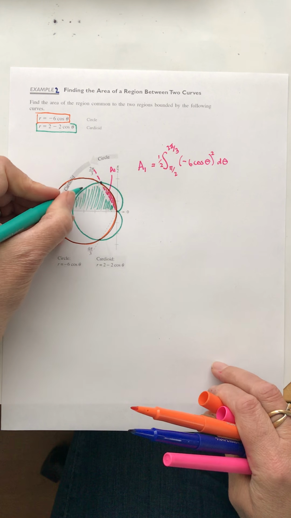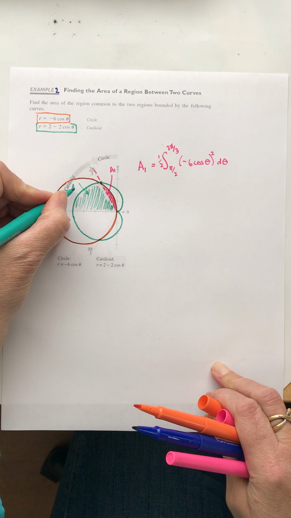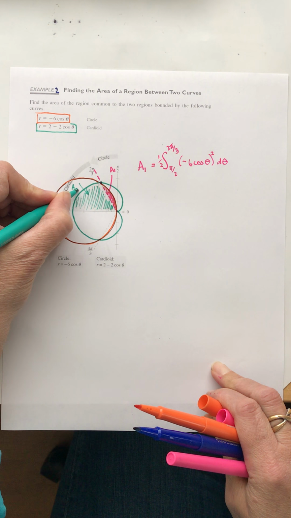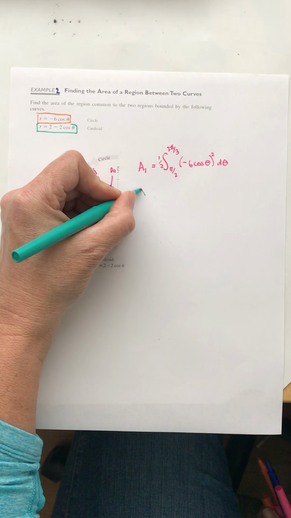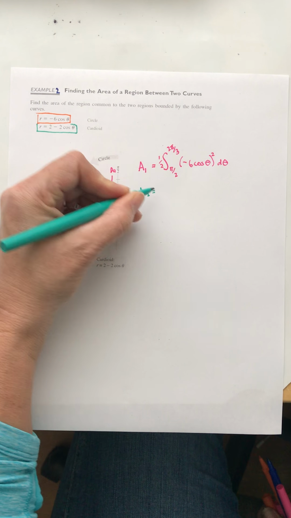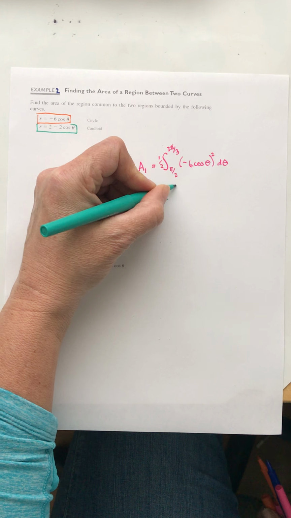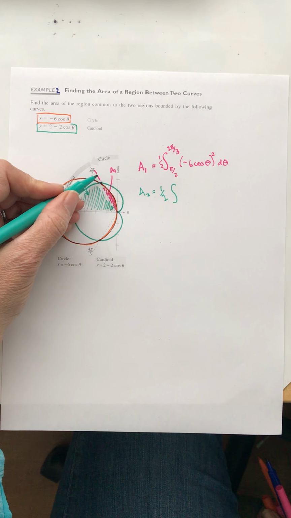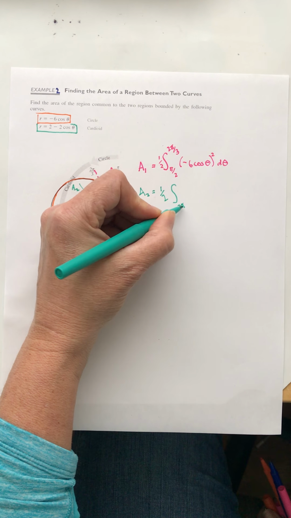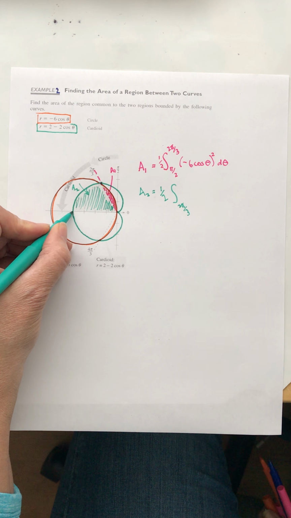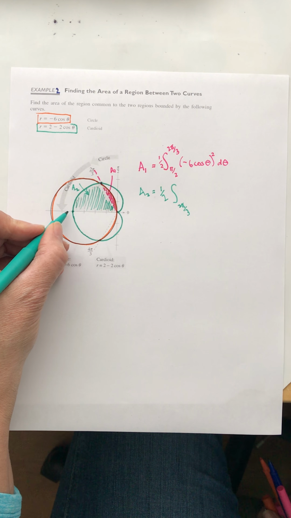And then this area, A sub 2, is given by 1/2 the integral starting at 2 pi/3 and ending wherever this angle is, which looks to be pi.